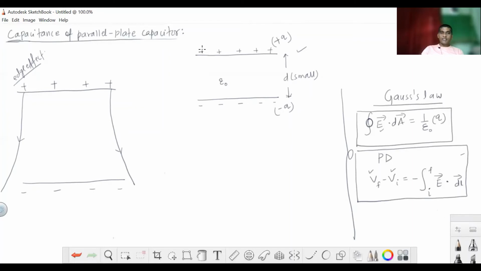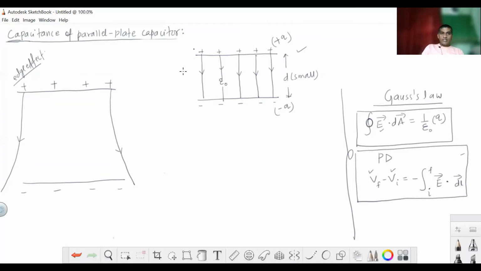Now, as I said earlier, the upper plate contains positive charge and the lower plate contains negative charge. We find the electric field between these two plates. Electric field lines start from positive plate and terminate on negative plate.